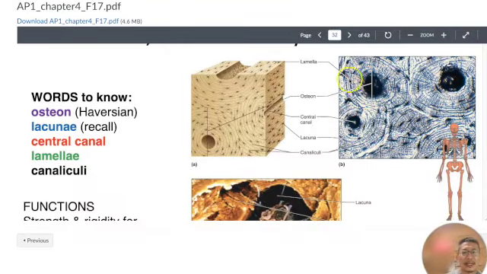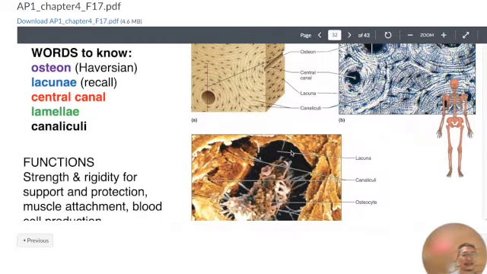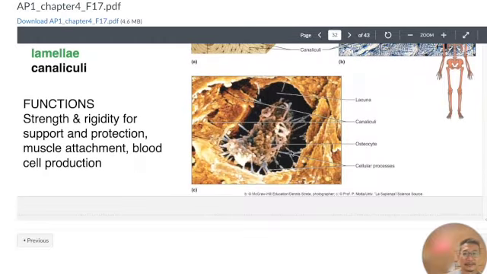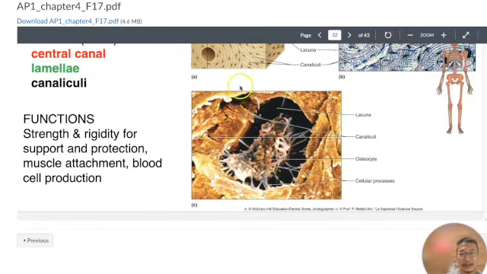These are called lamellae. And there is canaliculi right there, which connects. We're going to look into them more carefully. So here's a lacunae. That's where it lives. Canaliculi are little channels. See that?